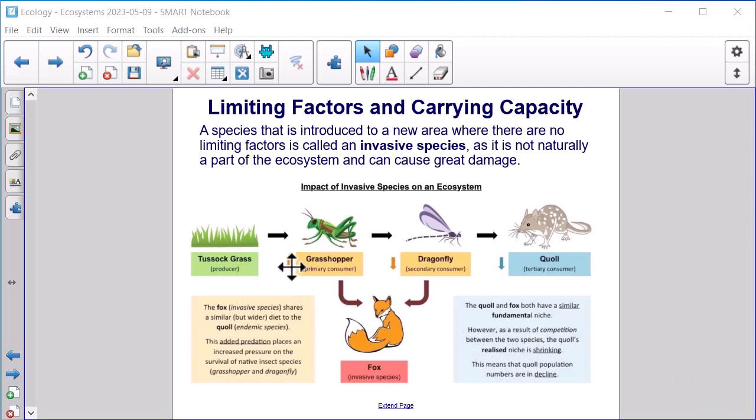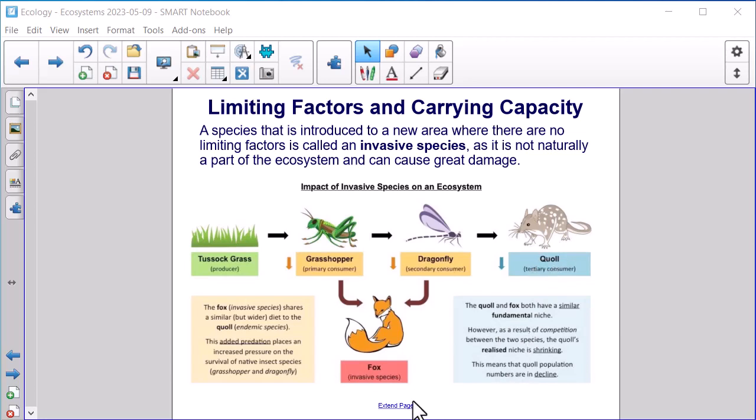So let's look at this ecosystem we have here with this small little food chain where we have a producer, the tussock grass, primary consumer, grasshopper, secondary consumer, dragonfly, and then the tertiary consumer, the quoll. So the fox is introduced as an invasive species and shares a similar but wider diet to this quoll, which is endemic to the ecosystem.